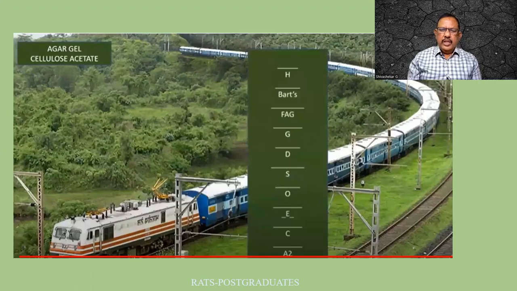A beautiful one I always used to explain to my students when I take a class on sickle cell anemia. Look at this one. It is a journey in a train. And that's what is happening in an agar gel electrophoresis for the identification of the type of hemoglobin.